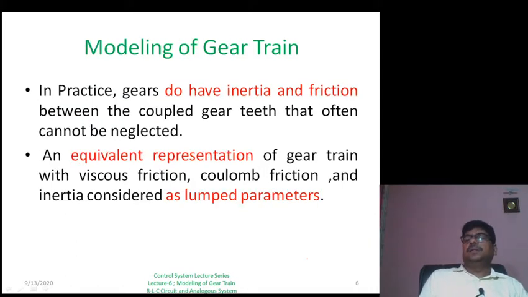In a practical system, the inertia and friction forces cannot be neglected. So these are considered to be lumped at a point.